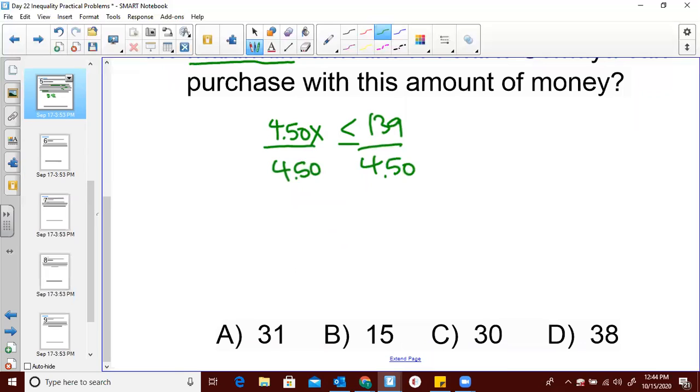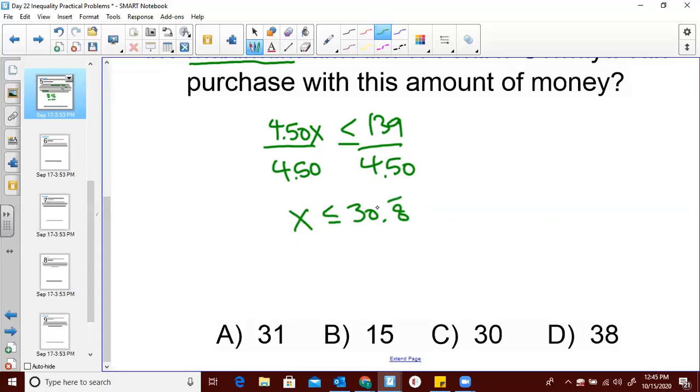And when you divide this out, you will get x is less than or equal to 139 divided by 450, which is 30 repeating 8. So 30.8, and it will repeat. All right, I'll leave it as repeating.